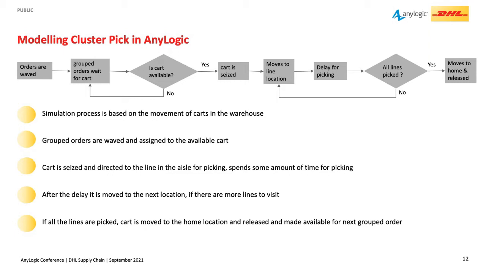If a cart is available, it gets seized for the grouped order. Then this cart goes to different locations to pick the SKUs and spends some time there for picking. The model checks if all SKUs from the orders are picked. If yes, then the cart goes to the home location and is made available for the next grouped order to be picked. So this is the modeling approach we have taken to model the cluster pick.